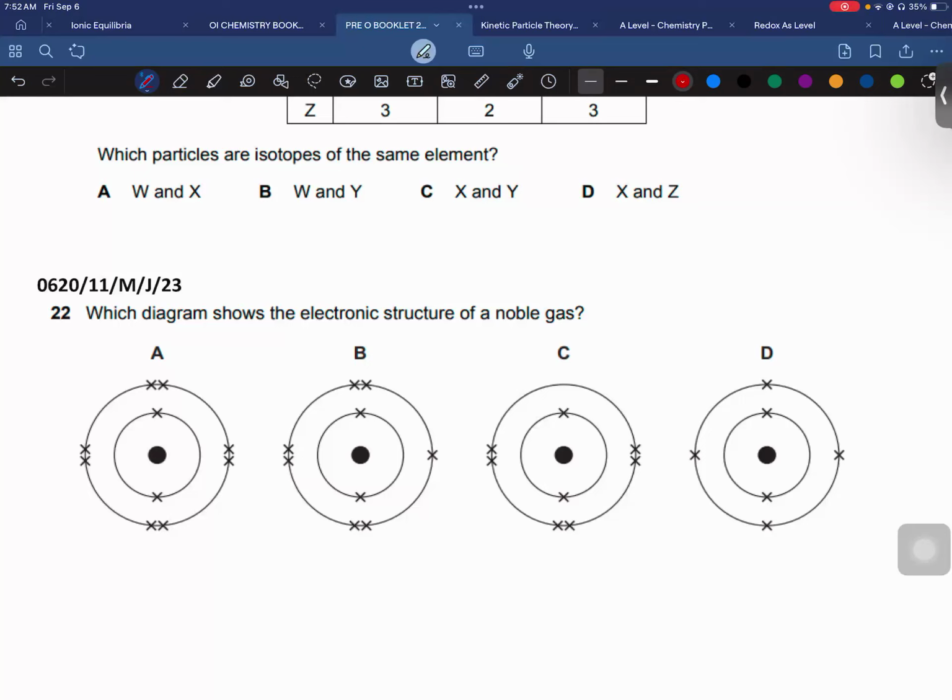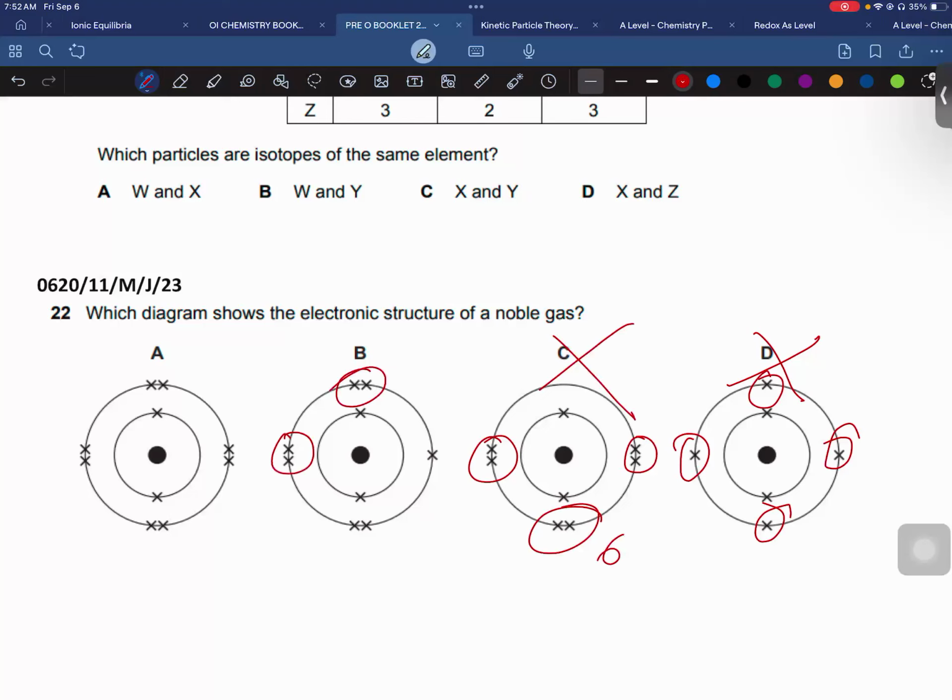Now you're supposed to check A, B, C, D. Which is the element having 8 electrons in its outer shell? That would be your stable structure. So I can say that this is a family member of noble gas. This is incorrect. It has 4 electrons in its outer shell. No, it has 2 plus 2 plus 2, 6 electrons. This is incorrect.